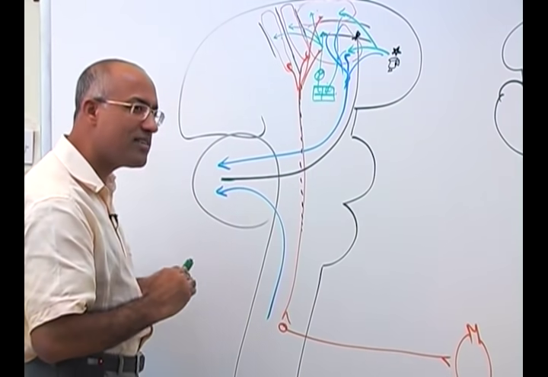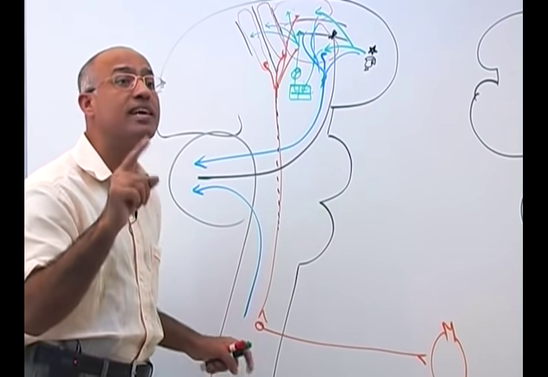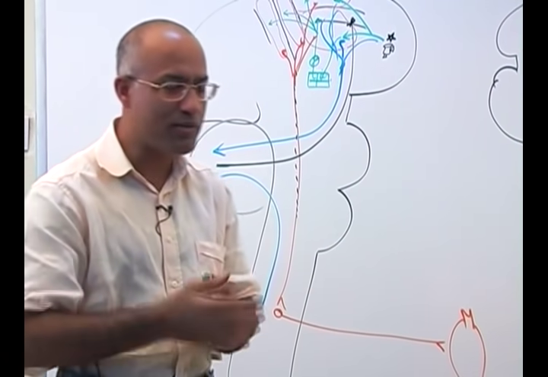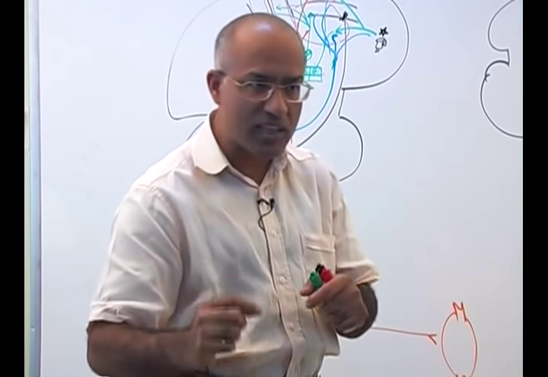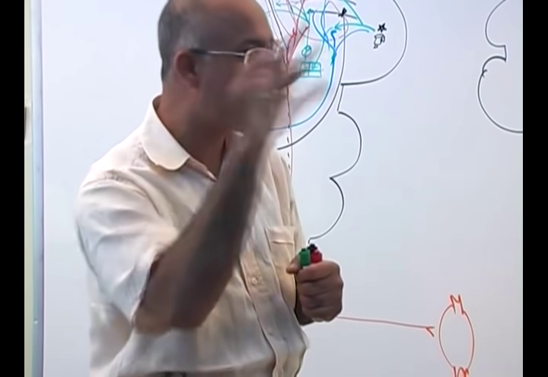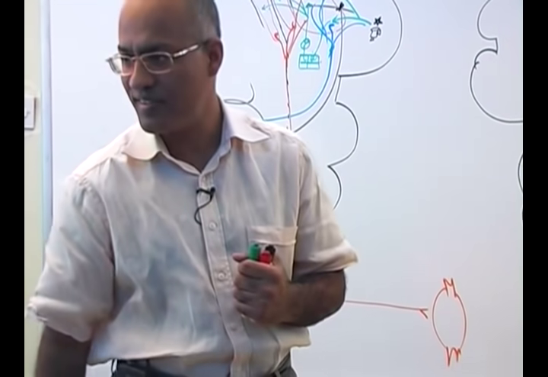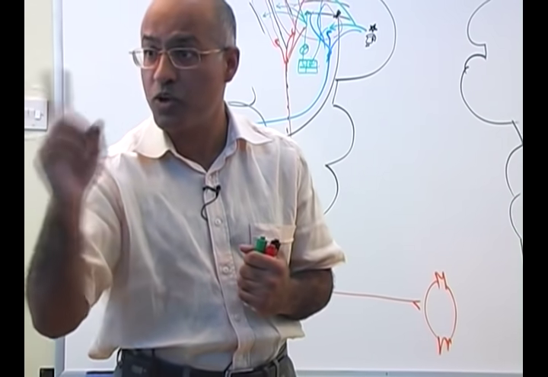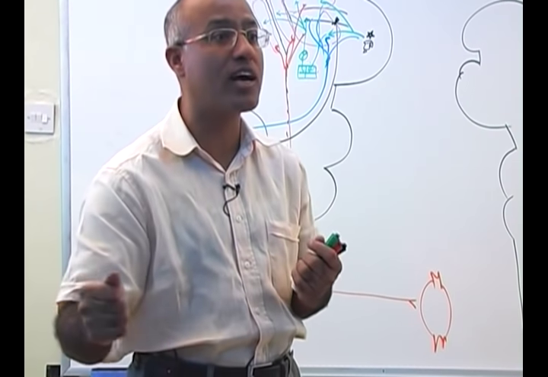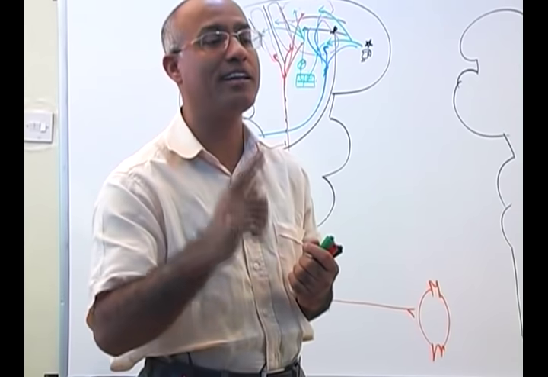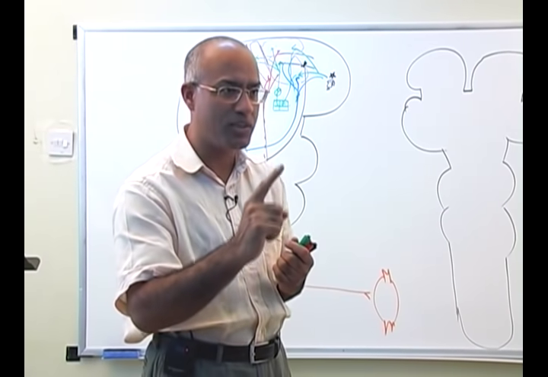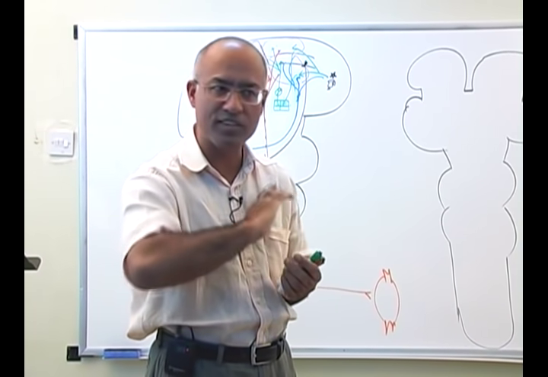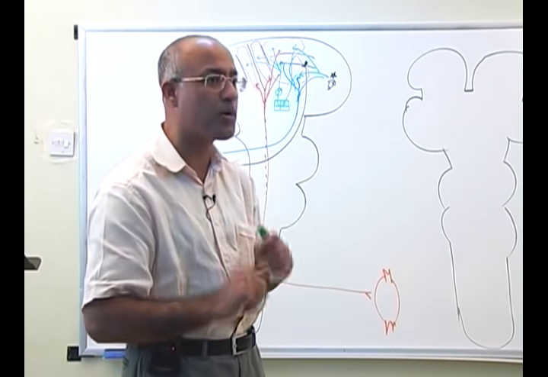So what really happens? Before the movement starts, whenever you think of a movement, the basal ganglia fire and the cerebellum fires. Movement cannot start properly and in a coordinated fashion without consultation with the cerebellum. If the cerebellum is damaged, you cannot really do proper movements.